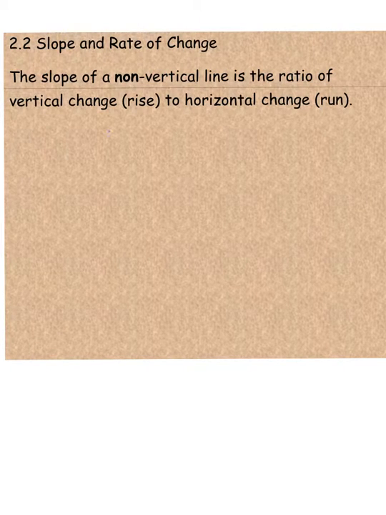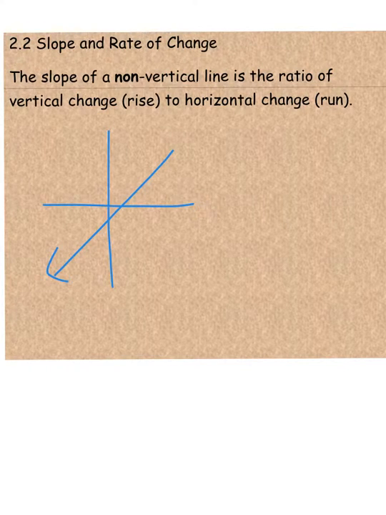If we look at the graph of a line, and we choose 2 points on that line, the slope would be the change in the rise over the change in the run.